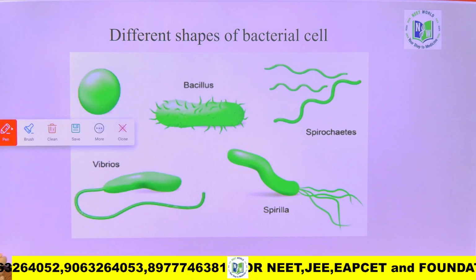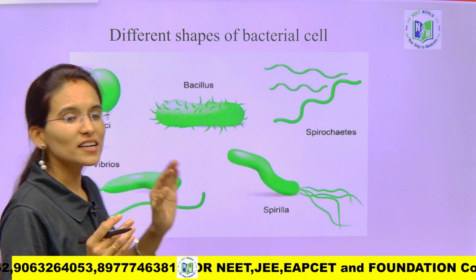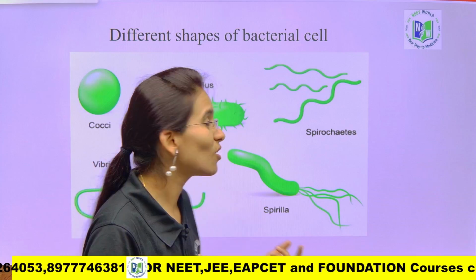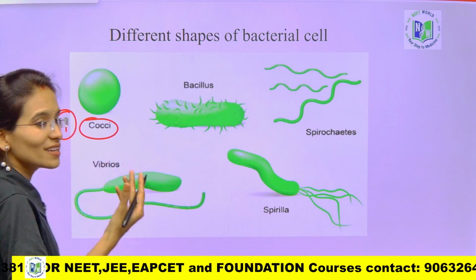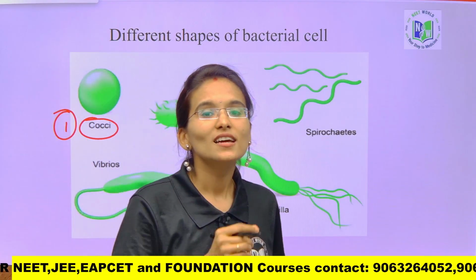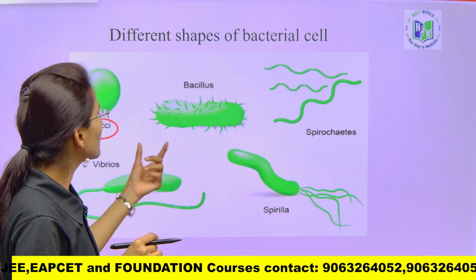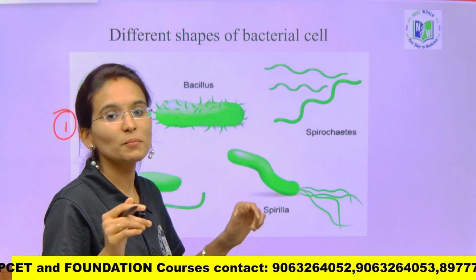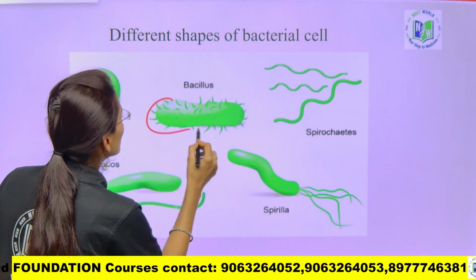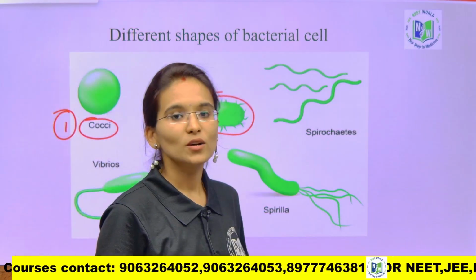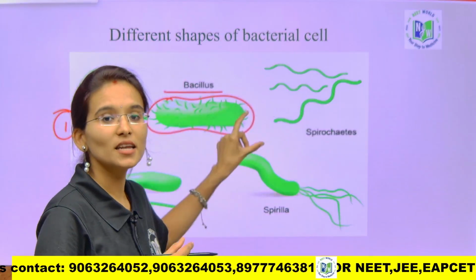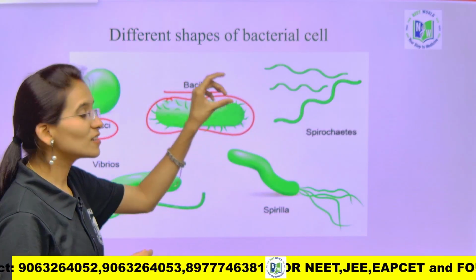The spherical bacteria, the bacteria which are circular in shape, are called cocci. So coccus or cocci is a bacterium which shows the spherical shape. And next, the bacteria which are rod shaped are called bacillus. You all need to remember these names, my dear students.